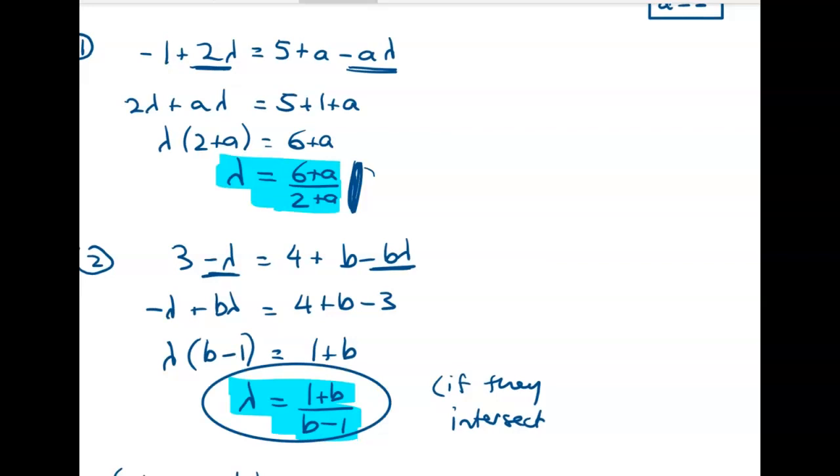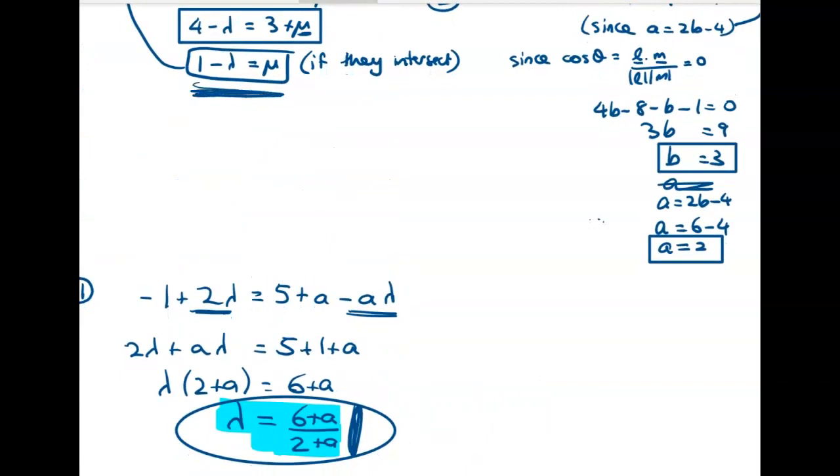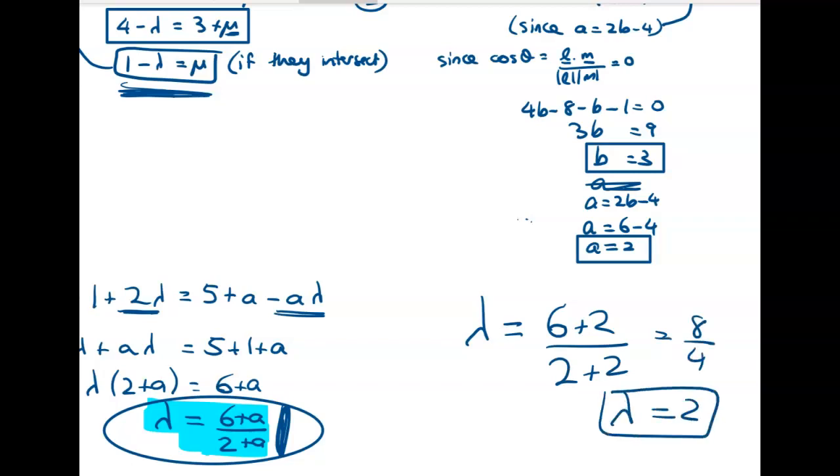So we can take either one of these, and that's going to give me the value for lambda. And we worked out very early the link between lambda and mu. So using that first one, lambda is going to be 6 plus 2 over 2 plus 2, which is 8 over 4. So lambda is equal to 2.